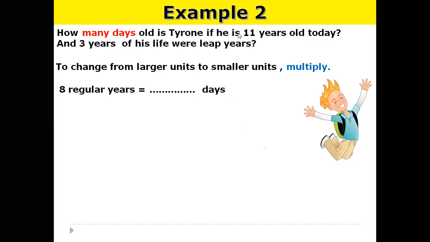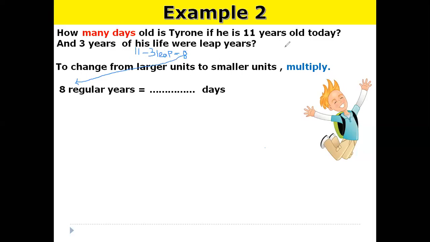So again, where did we get the 8 from? From here: the 11 years, take away 3 leap years. So you will have 8. That 8 is the number of regular years.